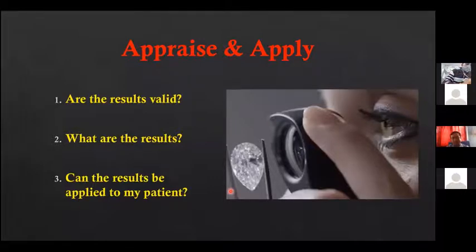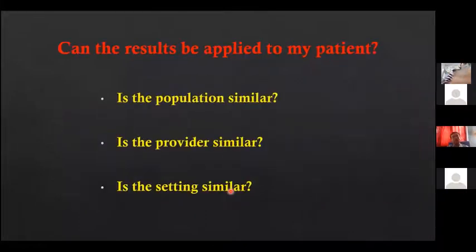So first thing, you see whether the patients which are there in the article are matching your patient or not. If they are matching, then you can read the complete article. If they are not matching, then again you have to look for some other studies. And for matching your patient, you have to see these three requirements.